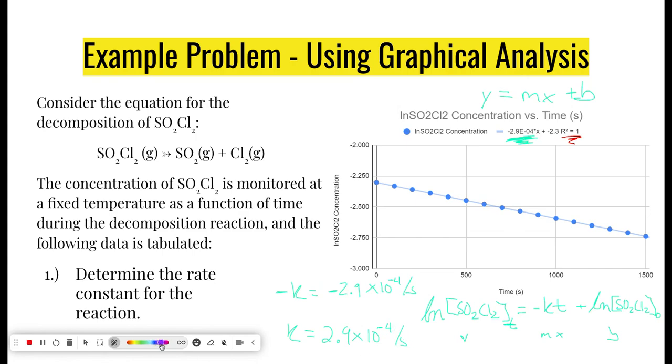So I just want to point this out: don't forget that this negative sign is here in the initial equation, and that's why we're getting a positive value for our rate constant for this specific one.